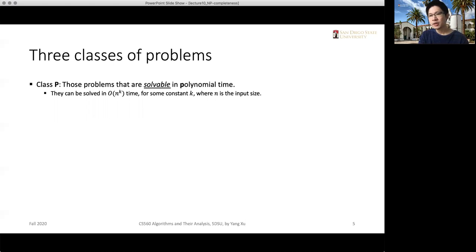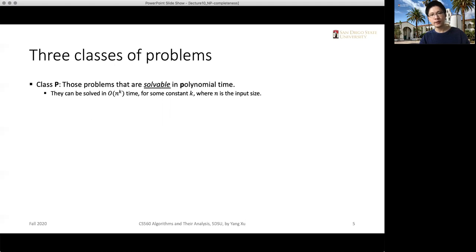So any type of sorting problem belongs to this class P, because a logarithm function always grows slower than a polynomial function. So sorting algorithms belong to class P. And basically, all kinds of algorithms for which we have come up with a reasonable solution belong to this class.